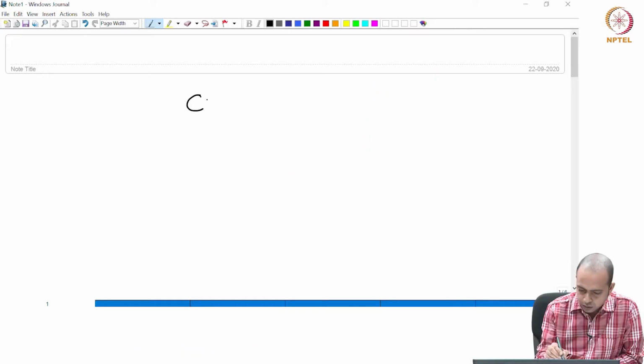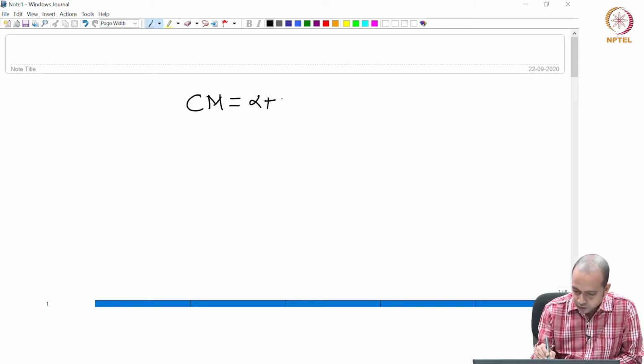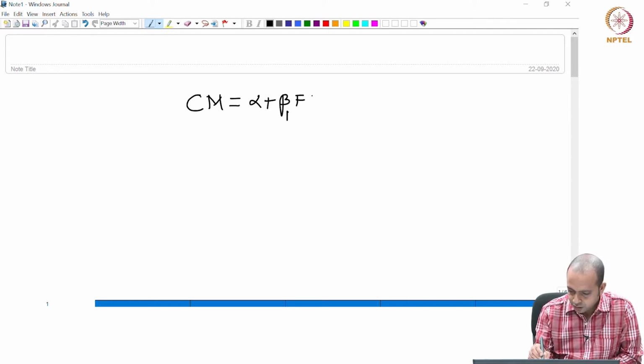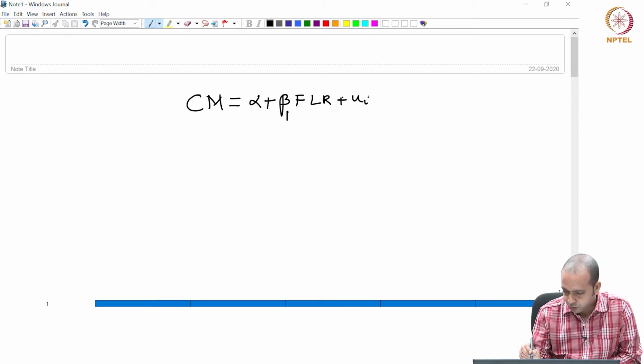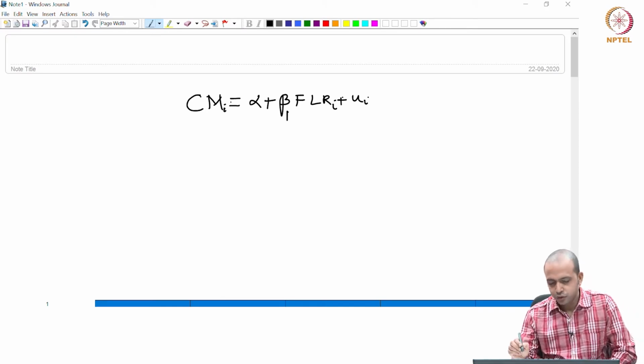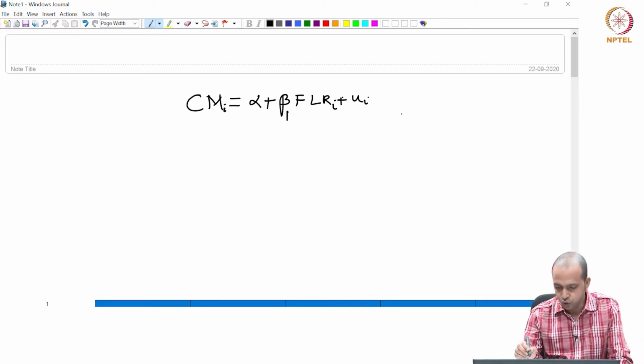So, let us say that our initial model is CM equals alpha plus beta 1 FLR plus UI, and we call this model old, and from estimating this model we will get, let us say, R square old.